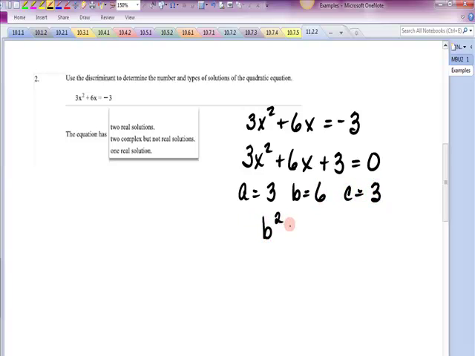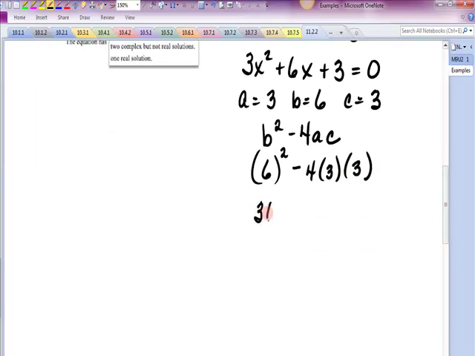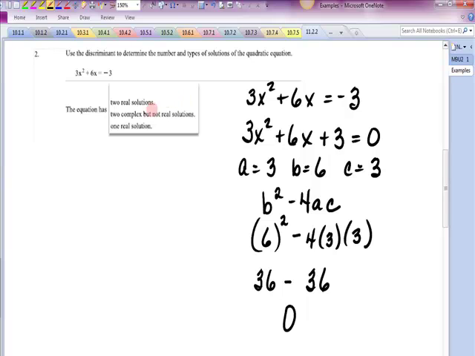So if I evaluate b squared minus 4ac, that's going to be 6 squared minus 4 times 3 times 3, which is 36 minus 36, which is 0. All right, when it is 0, that means that you have a single real solution.